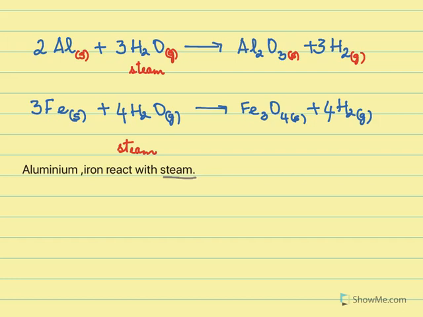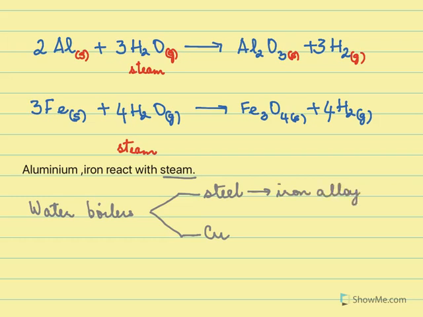So the application question for this, we have water boilers, and these water boilers could be made of two things. We could make them of steel or of copper. Now we can't make water boilers of steel because steel is an alloy of iron, and we know that iron reacts with steam. So water boilers cannot be made of steel because steel contains iron.